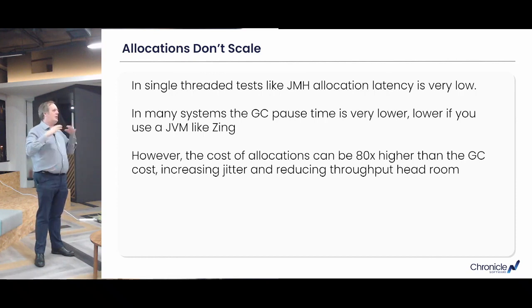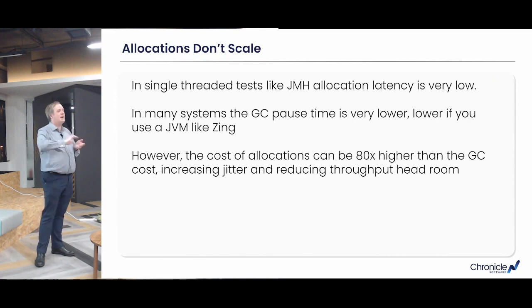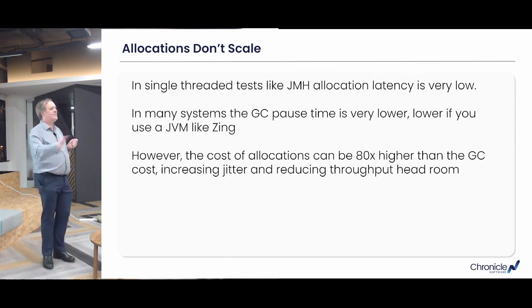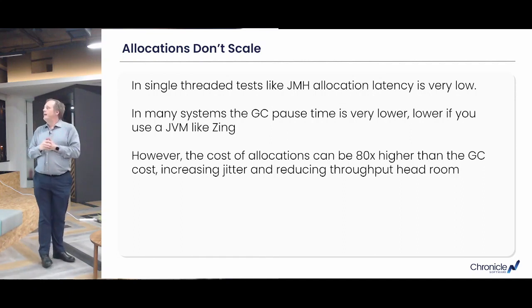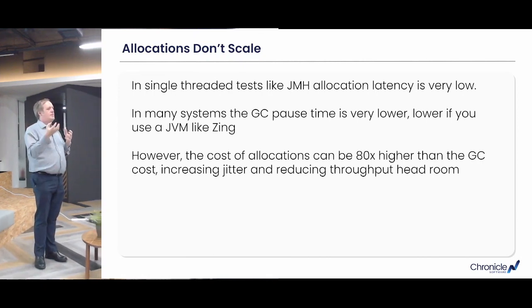And even though you can now get gigabytes and even terabytes of memory in a server, your L2 cache is 256K. That's for code and data. So the last thing you want to be doing is creating memory pressure by literally filling it with garbage as fast as you can. So in an example I've got here, the time it spends pausing, compared to the time it spends doing allocations, is a factor of 80.